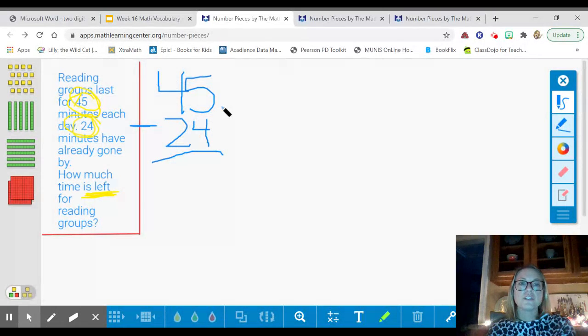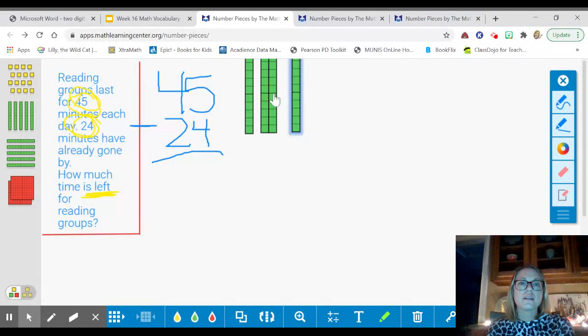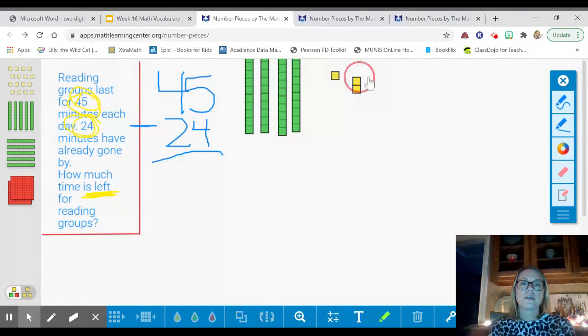Okay, so first I know I'm going to build my biggest number using base 10 blocks. 45, I know that 4 is my biggest number, so I need 4 tens. And then I'm going to need 5 ones. 1, 2, 3, 4, and 5.